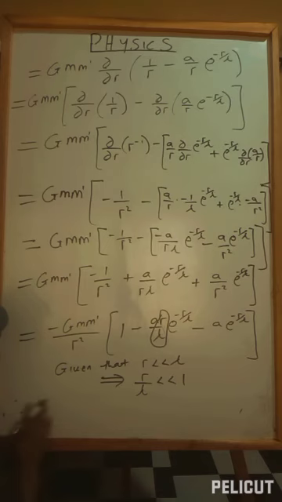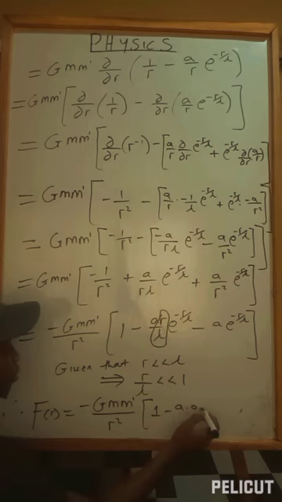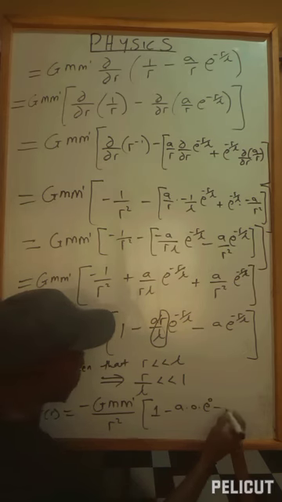So therefore, our force, F of r, is given by minus g m m prime divided by r squared, open brackets, 1 minus a times 0 dot exponential 0, there's nothing like minus 0, 0 is neutral, so minus a exponential 0.